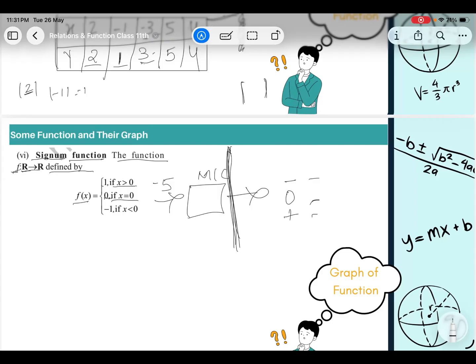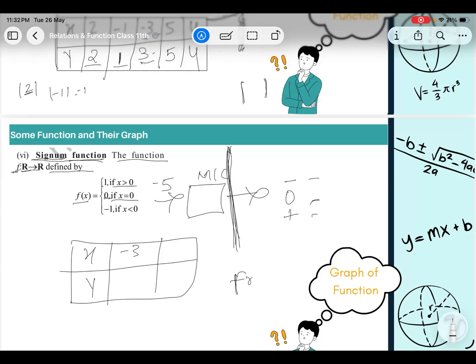Can you just imagine? So the logic behind that is, whenever we do the signum function, suppose we have x and y, and x is minus 3, so what it says is f(x) equal to mod of x by x. Do you understand? Let me tell you. If there is minus 3 as an input, then what will be the mod of minus 3?